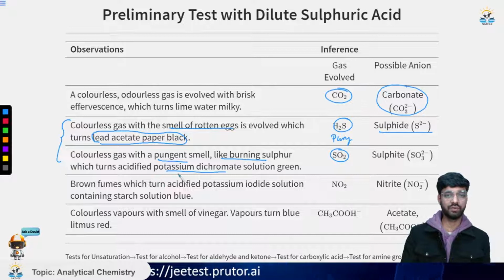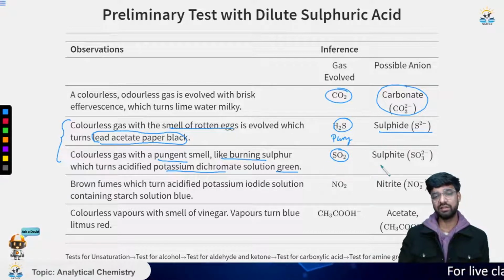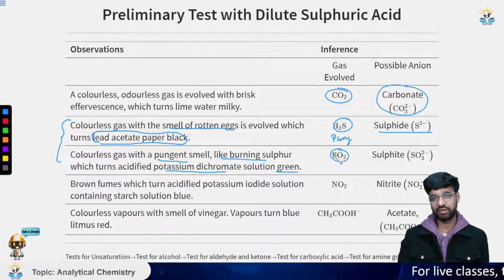So if the paper turns black, it is H2S, and if it is green, it is SO2 gas. The possible anions: this is for sulfide and this is for sulfite.